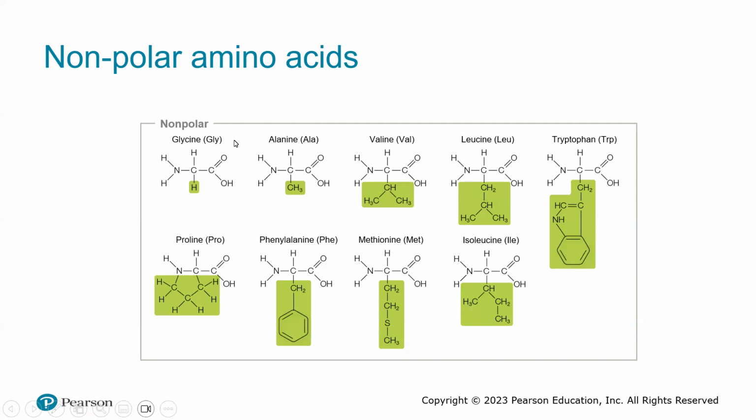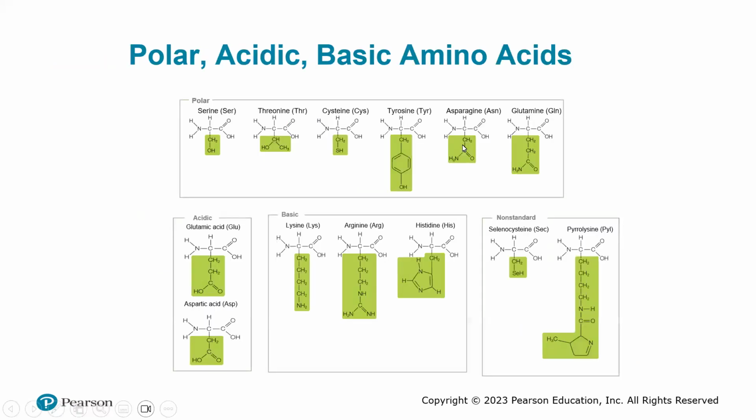So you'd be able to have some passing familiarity with these different amino acids. And here we've got our polar ones up here. We've got our acidic groups here, our basic here. And then here are our non-standards, the 2 that are not in the big 20.